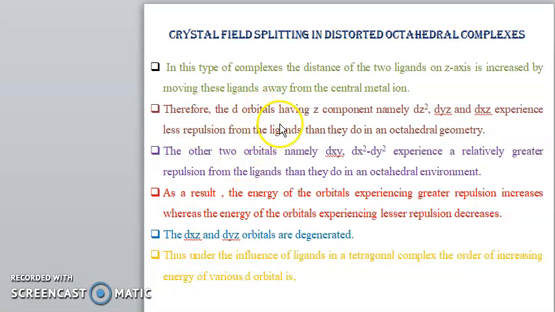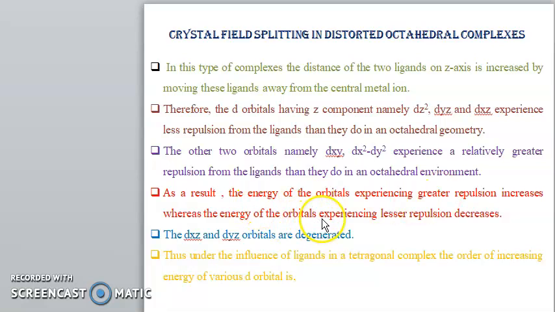Therefore the d orbitals having z components, namely dz², dyz and dxz, experience less repulsion from the ligands than they do in an octahedral geometry. The other two orbitals, namely dxy and dx²-y², experience relatively greater repulsion from the ligands than they do in an octahedral environment.